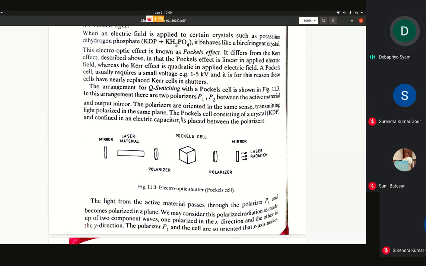Unless it proceeds to the right hand mirror, it cannot get reflected, and therefore no radiation gets reflected back towards the lasing medium or ruby rod, and therefore stimulated emission cannot take place. So the population grows by virtue of the excitation produced by the xenon lamp, and N2 minus N1 grows and grows and becomes large.